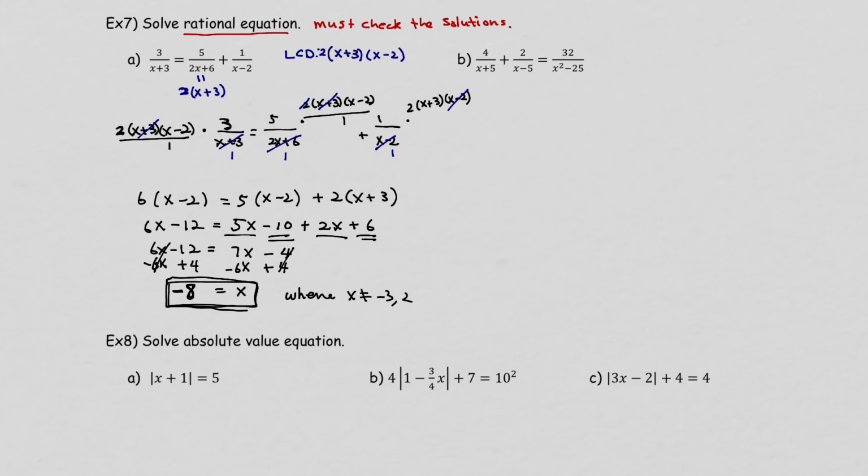In other words, we're trying to get rid of the fraction form. So when we're looking at part B, we see this is factor form, this is simplest form, so we cannot factor any further. But this one we can factor as x plus 5, x minus 5. So the least common denominator of this rational equation will be x minus 5 times x plus 5. Let me rewrite it.